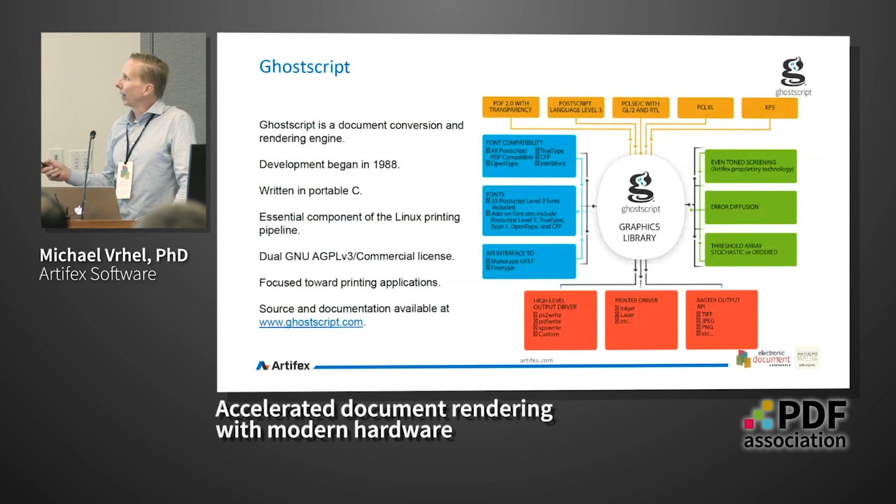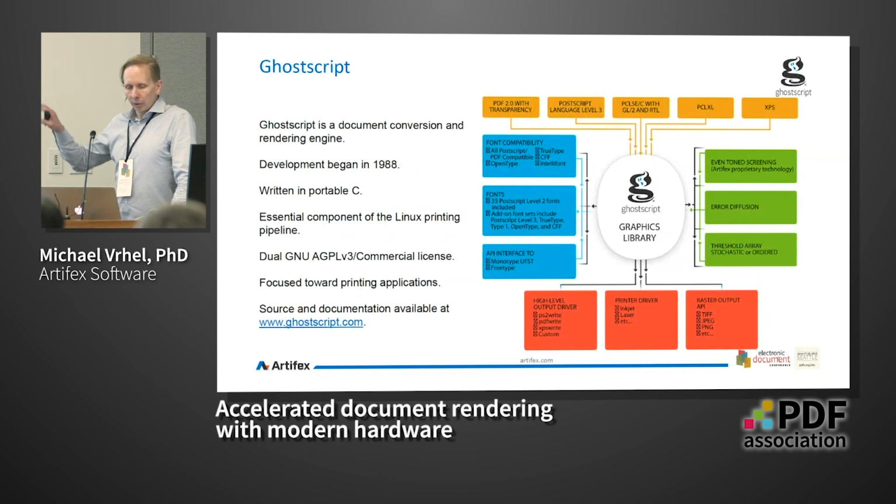Since then, it now handles PDF, PCL, and XPS as page description languages. It's written in C, and it's an essential component of the Linux printing pipeline. It has a dual license. As I said, it's an open source project with an AGPL version 3 license, and there's also a commercial license available for it.